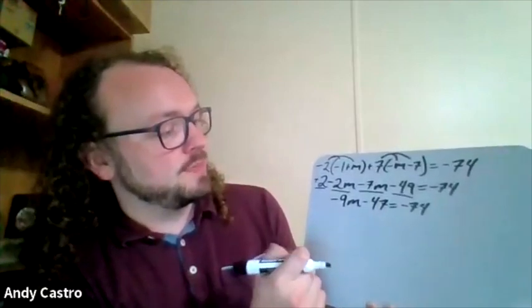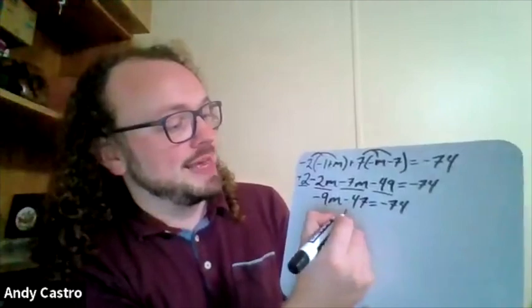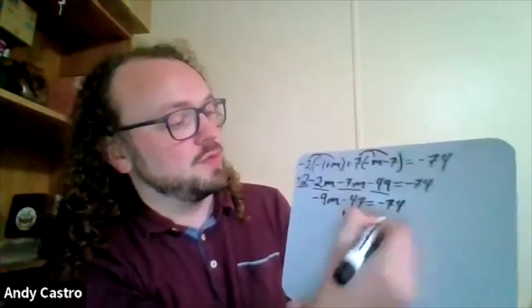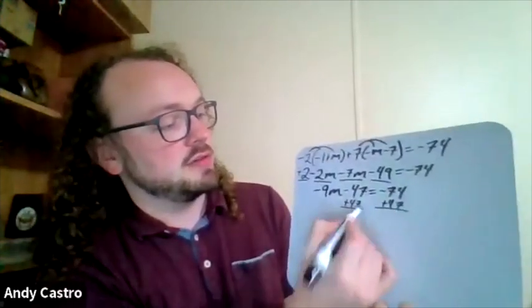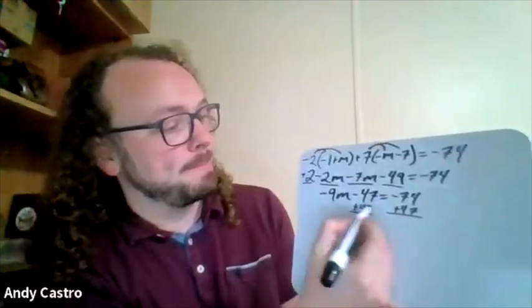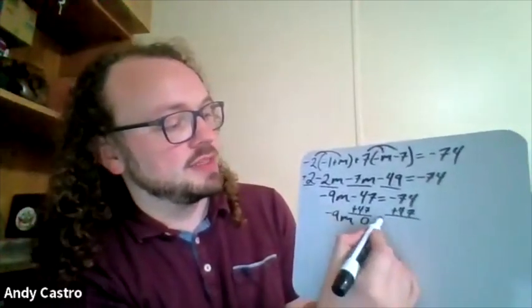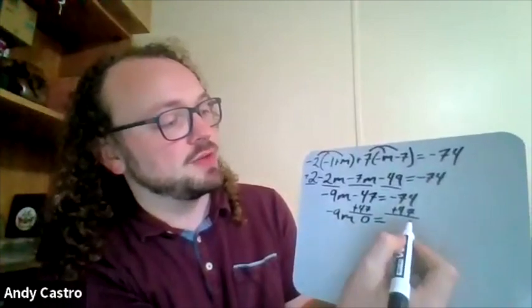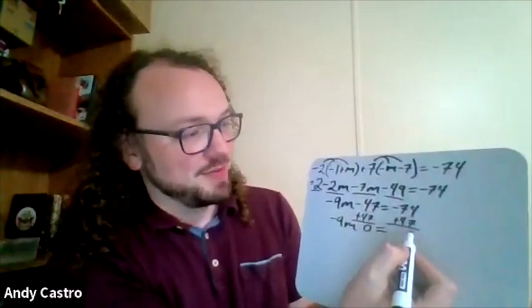Now I have to do some addition. I need to add 47 to both sides to get rid of it so I can keep isolating my variable. So that's going to give me 0. Got negative 9m on this side. And now I have to do negative 74 plus 47.